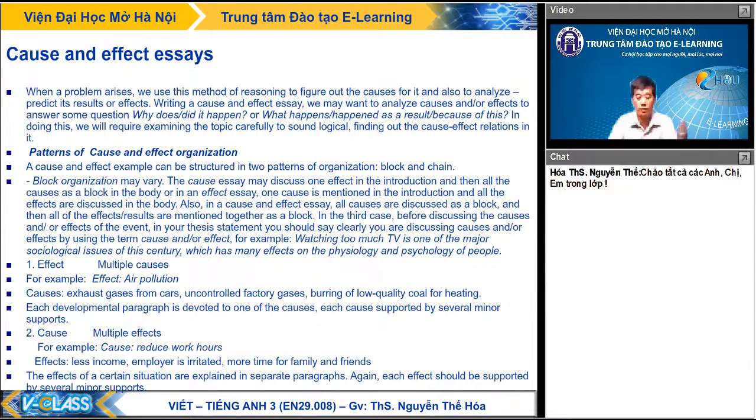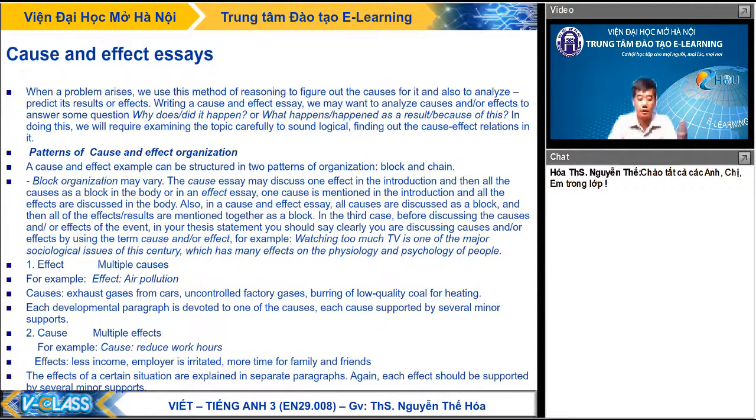And now we move on to the cause and effect essay, the next kind of essay writing. When a problem arises, we use this method of reasoning to figure out the causes for it, and also to analyze or predict the result or effect.